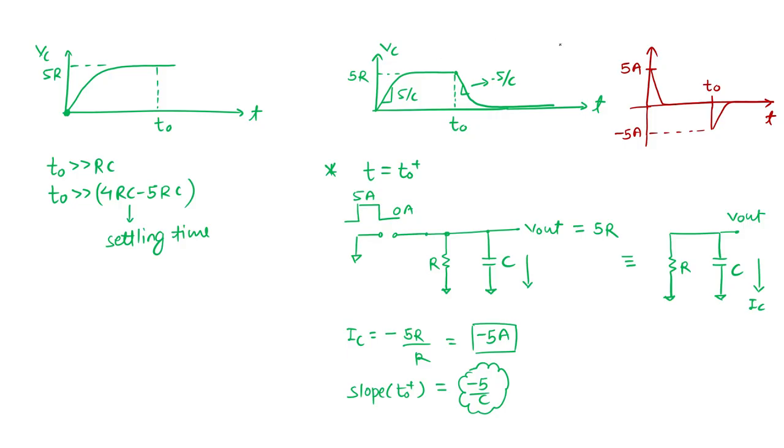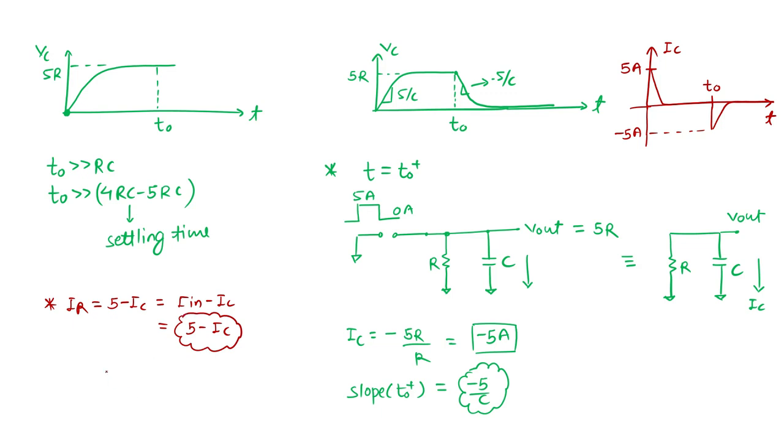And what about the resistive current? This is my IC. What about IR? IR is nothing but 5 minus IC, which is I in minus IC. So if we subtract the IC from the 5, what will be the nature?